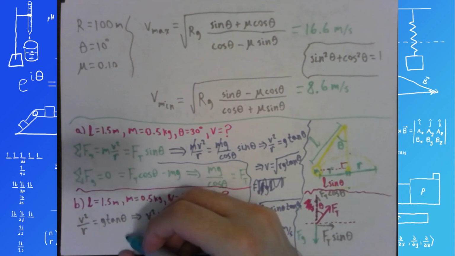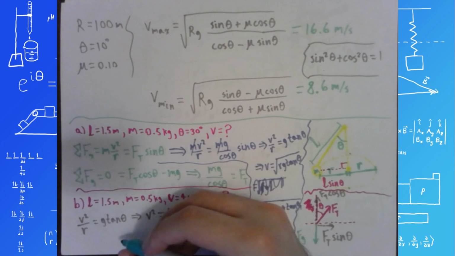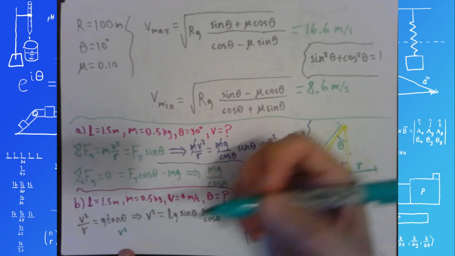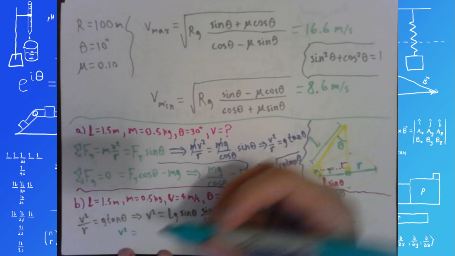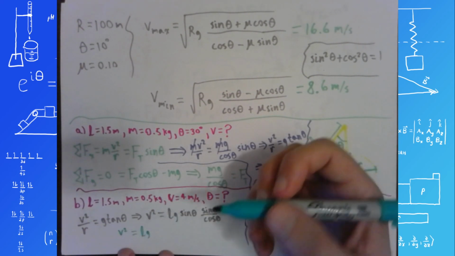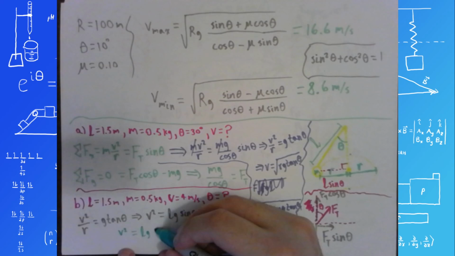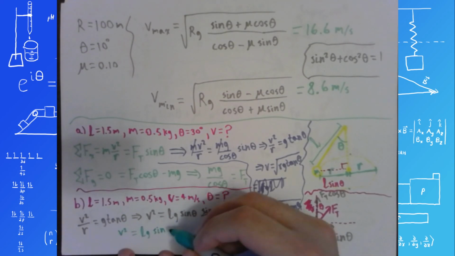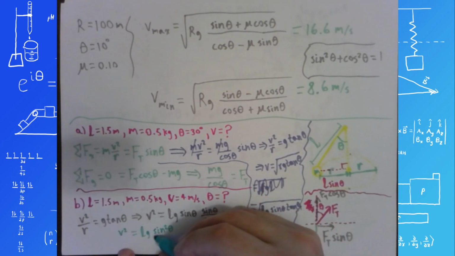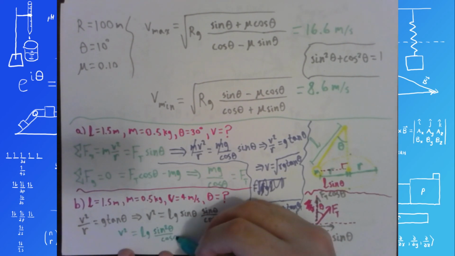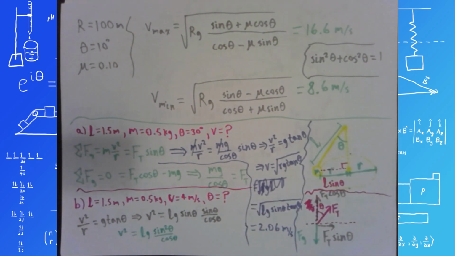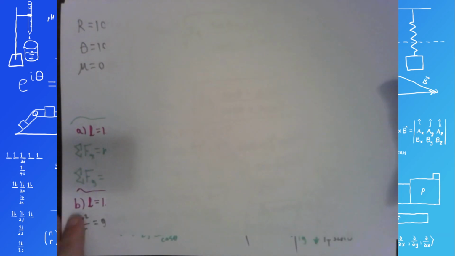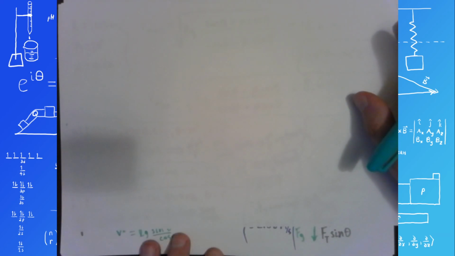So this turns into v squared equals LG sine squared theta over cosine theta. And I want to go ahead and multiply the cosine theta over, and let me grab a new sheet and continue this on the new sheet. So we have v squared equals LG sine squared over cosine.